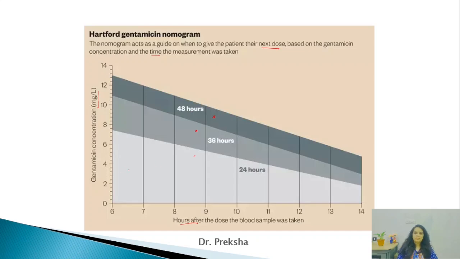The blood sample of gentamicin must be taken between 6 hours and 14 hours after the last dose injection of gentamicin. If the concentration of gentamicin is above this 48-hour line, then you need a pharmacokinetic dosing regimen which is individualized for that particular patient.